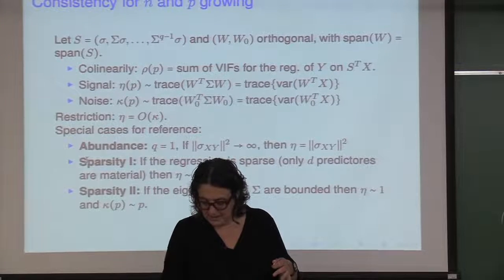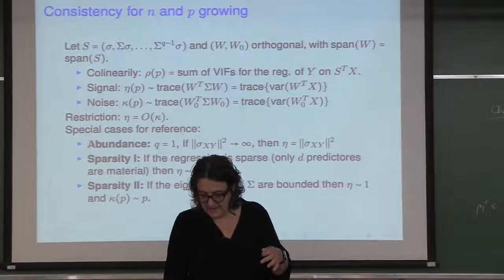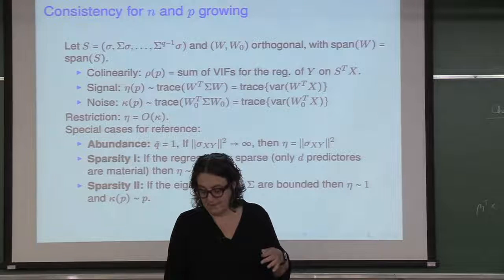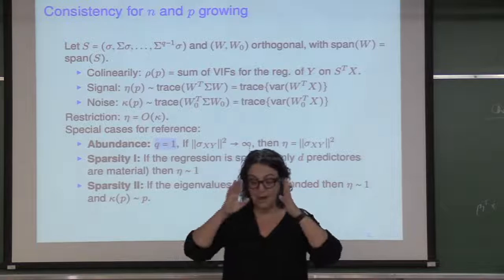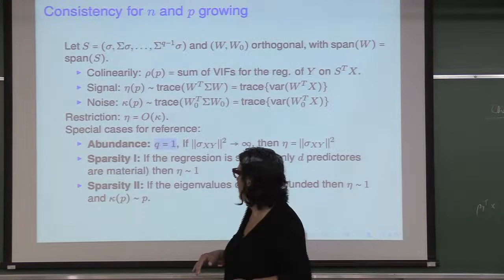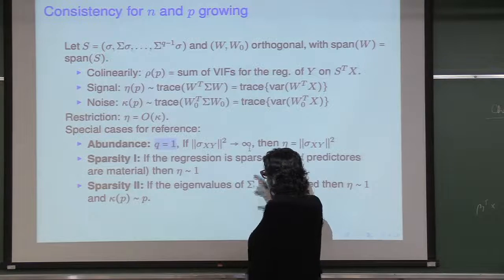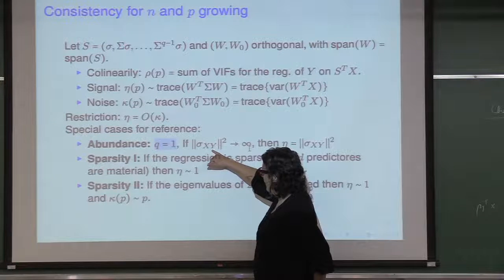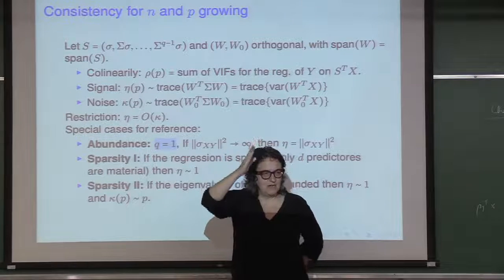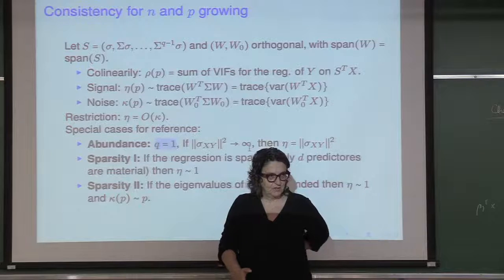I want to say only this. We call it abundancy if, for example, for q equal 1, this is really going to infinity, in the sense that, look at this, you have the covariance. This is to show, more or less without details, the covariance of x and y. Remember, this was the first PLS projection, no?